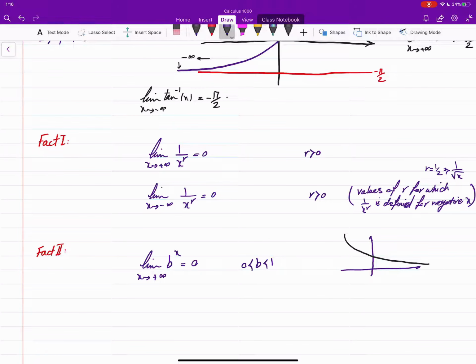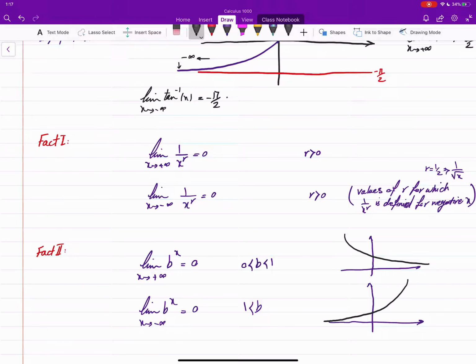And also, the limit of b to the power x as x goes to negative infinity is 0 for b bigger than 1. For these functions, again, you can keep the graph in mind: the function is something like this, and as we go to negative infinity, we have that property.